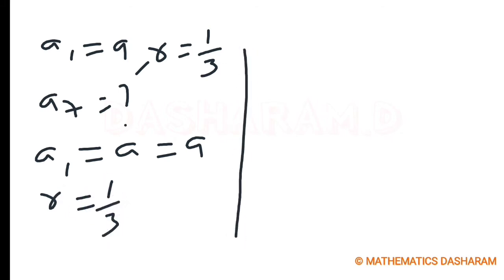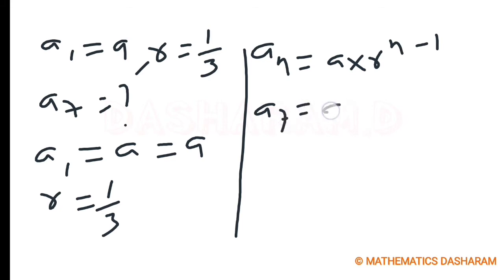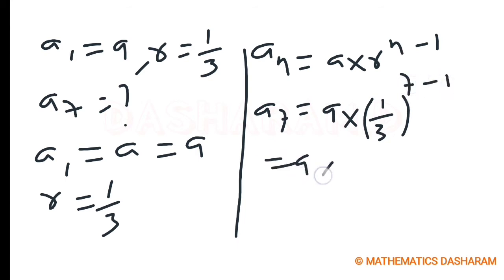Now to find the 7th term, I am using the nth term formula: a into r to the power of n minus 1. So a7 equals a value 9 and r value 1 by 3, whole power 7 minus 1. So it equals 9 into 1 by 3, and 7 minus 1 is 6.